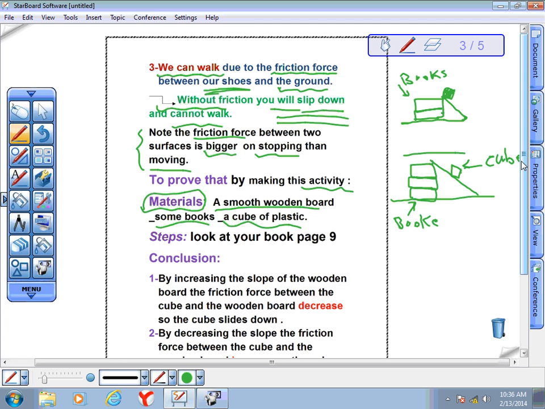We found that the cube moves easily in case number 2. This is case number 1, and this is case 2. We found the cube doesn't move in case number 1, as the cube is affected by a big friction force, but in case number 2, the cube moves easily as it is affected by a smaller friction force.